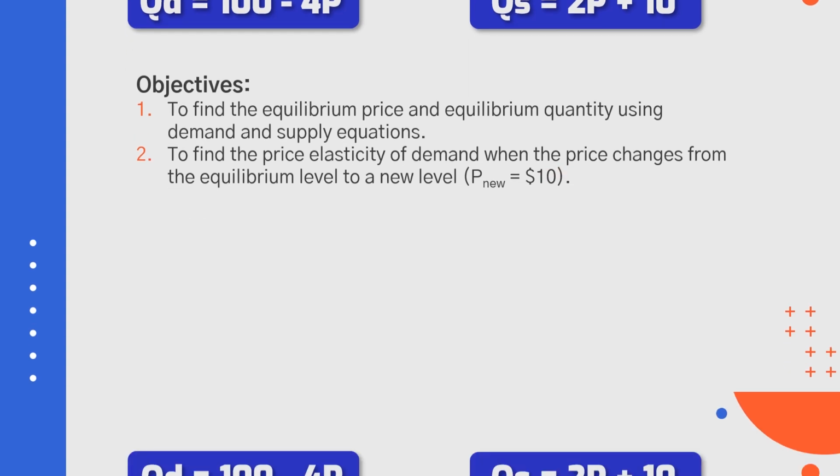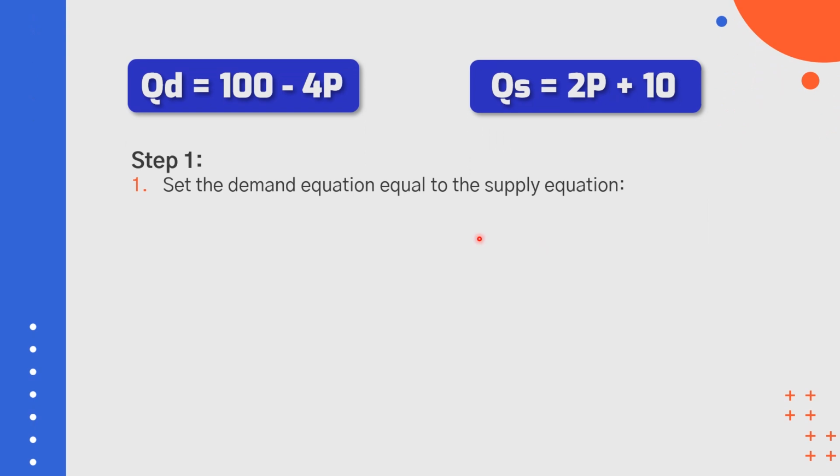Step number 1. In order to find the equilibrium price, we need to set the demand equation equal to the supply equation, because at equilibrium these quantities are equal to each other. Graphically it would be the point of intersection of the QS line and QD line.